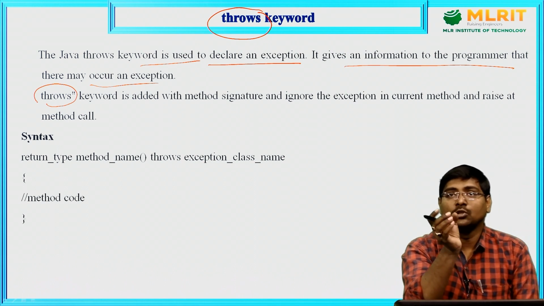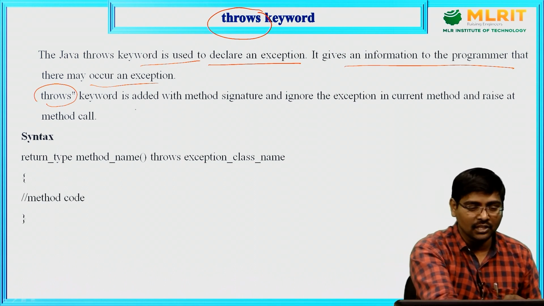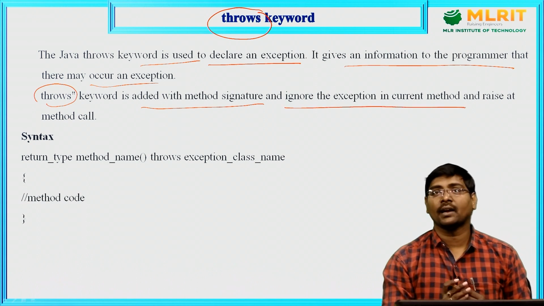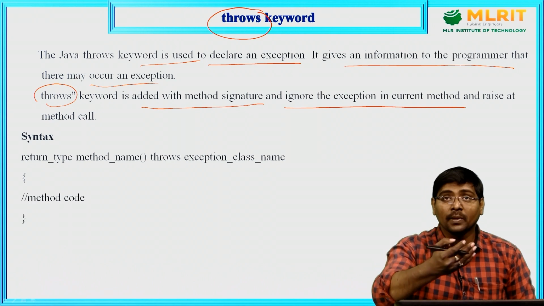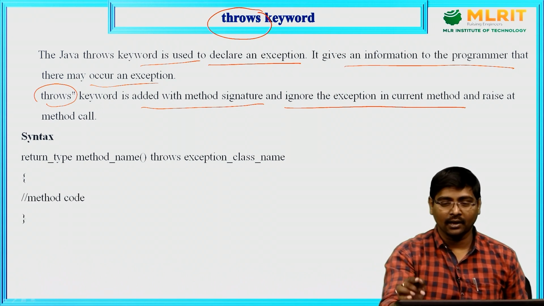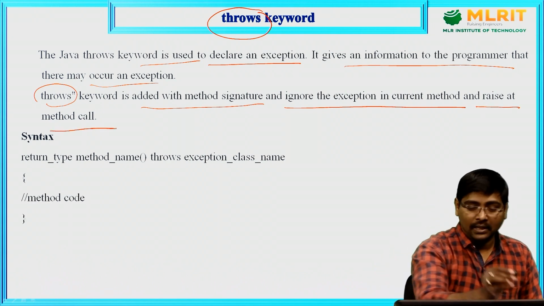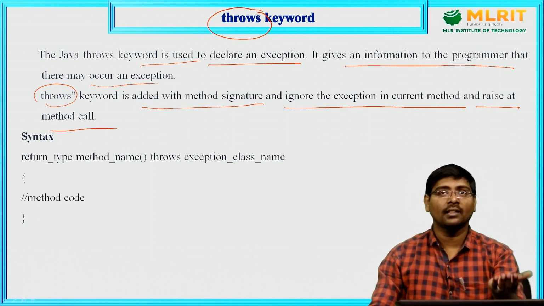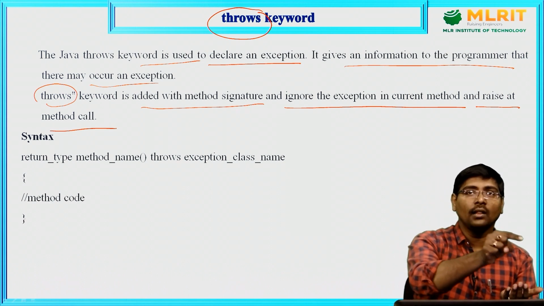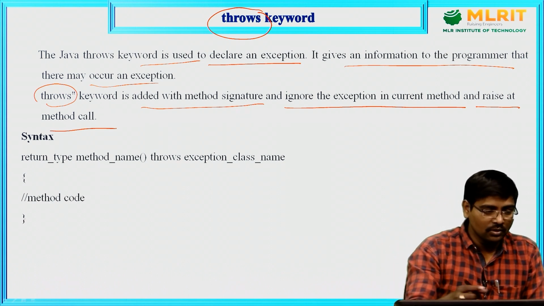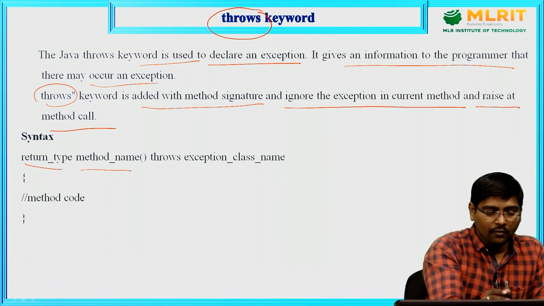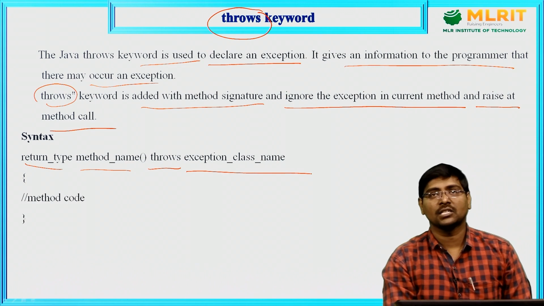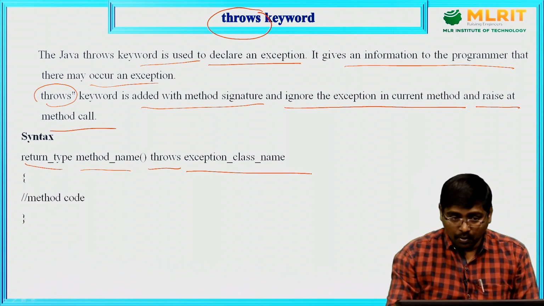Throws is used along with the method signature, and it ignores the exception in the current method. That is, in this method the exception is not handled, and it is passed on to the method call. Whenever an exception is generated, it will be handled by whoever calls this particular method. See this: return type, name of the method, and after that, throws the type of exception.